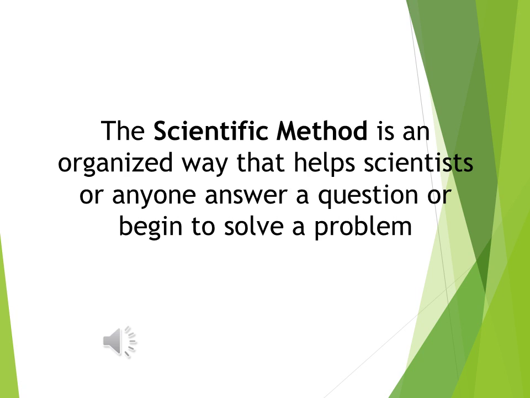The scientific method is an organized way that helps scientists or anyone to answer a question or begin to solve a problem. As scientists study the natural world, they ask questions about what they observe. To find the answers to these questions, they use certain skills or methods.